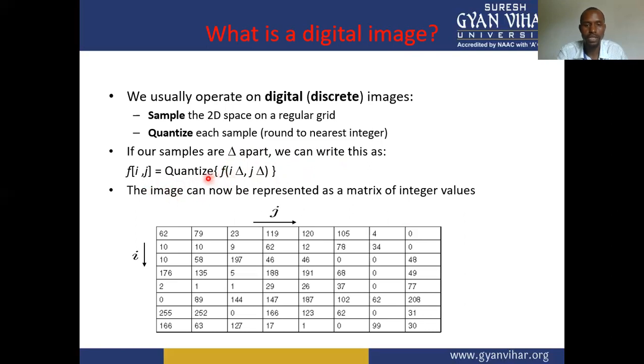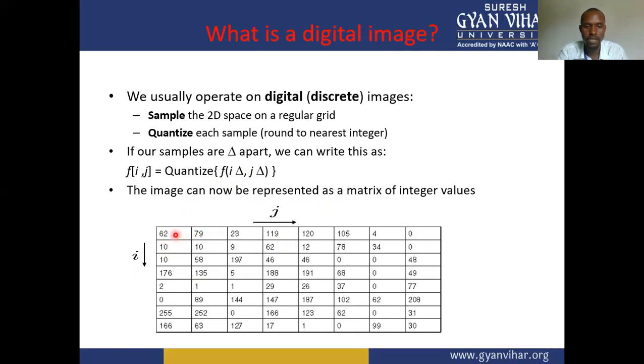So when we do quantization, we're just trying to see what is the change of i and the change of j along the x-axis. Now we can represent that using this matrix. So we have i and we have j. So you can see now this is the change that we are talking of.